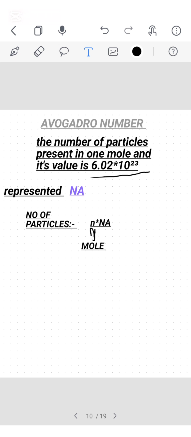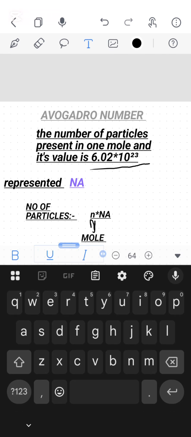You know what a mole is? The amount of substance expressed in grams, equal to its standard mass, is called a mole. And we also discussed its formula. I should write that because it will help us in today's class.